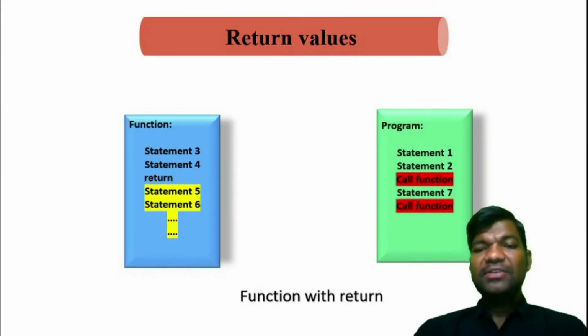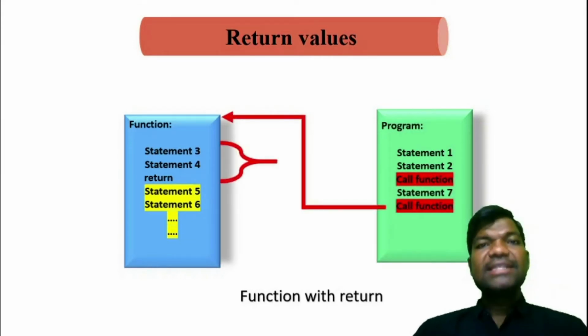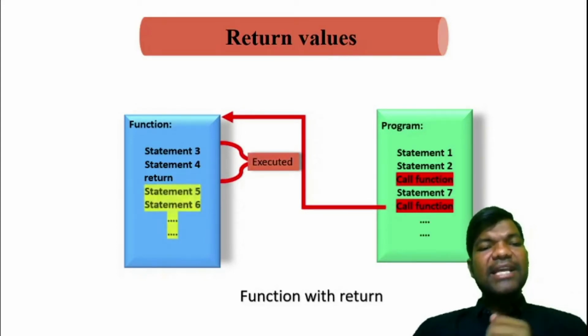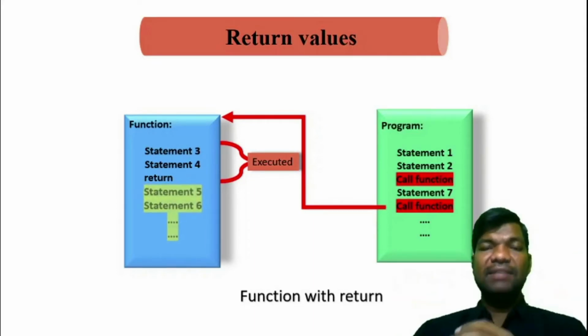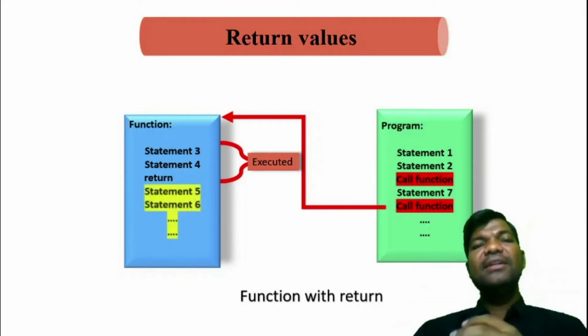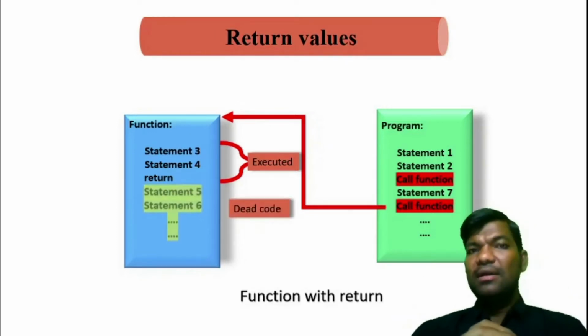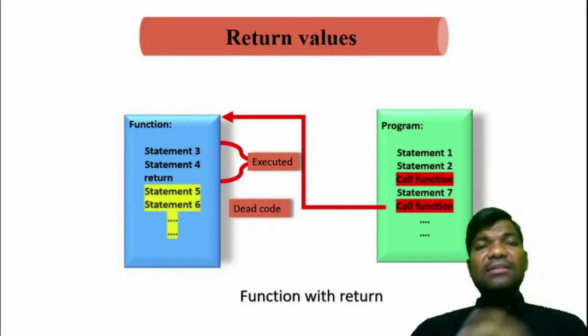Statement 7 is executed, and once again you are calling the same function. Once again statement 3, statement 4, and then return is executed. Here statement 5, statement 6 and so on are not executed. That means the statements after the return statement are not executed. Here statement 5, statement 6 are not executed, called dead code. This is a function with a return statement. Let's check the examples in the Jupyter lab.